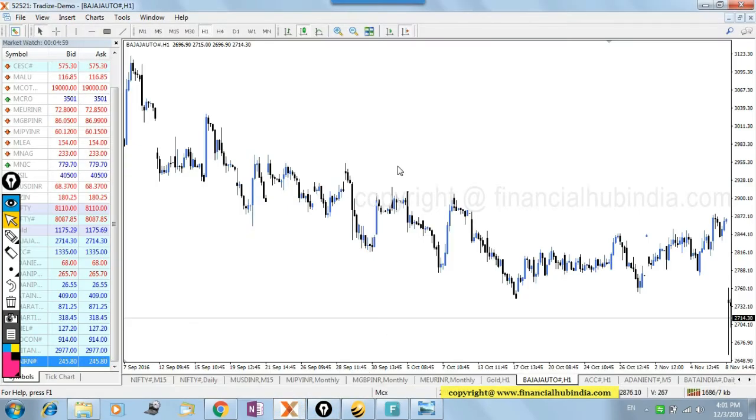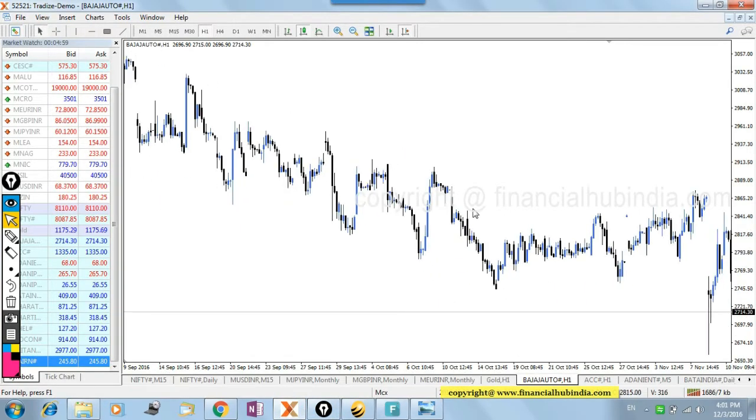So if I show you some charts, this is Bajaj Auto chart. Here you can see we have price, we have straight lines from here to here, here, again here, again here, again here, again going up, again from here to here, straight lines from here to here, but overall, what's going on?